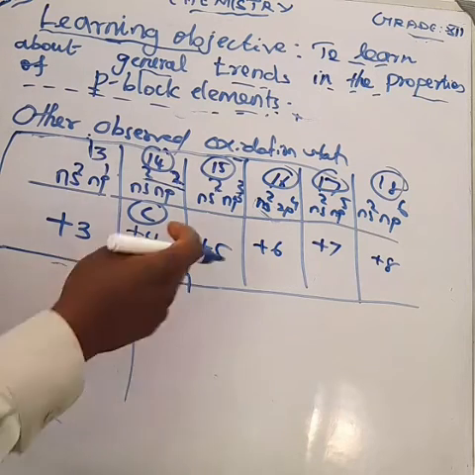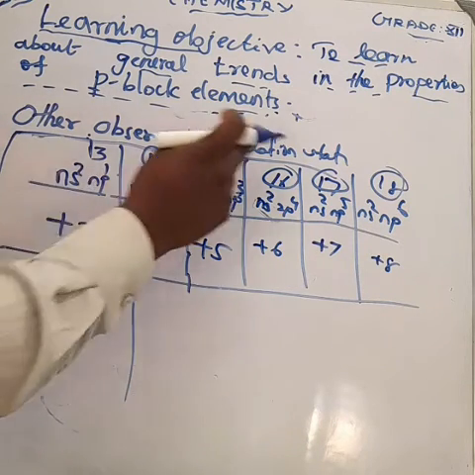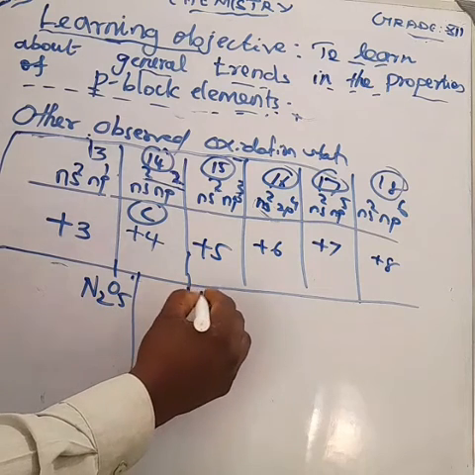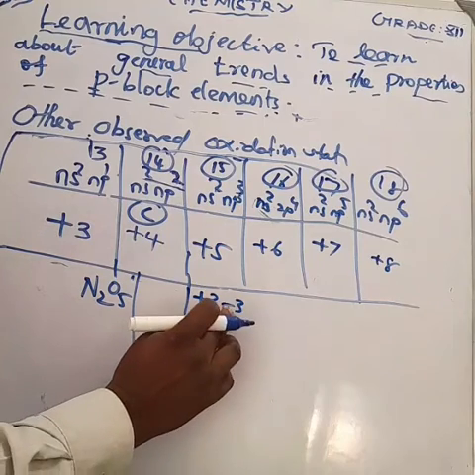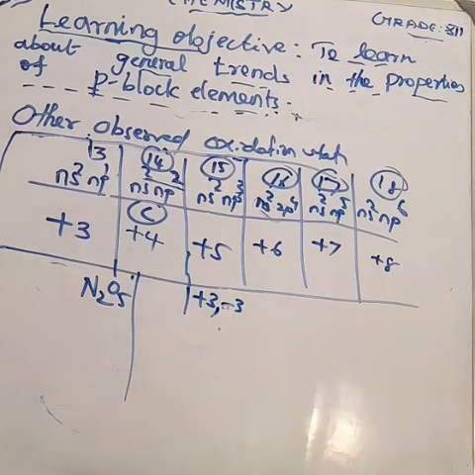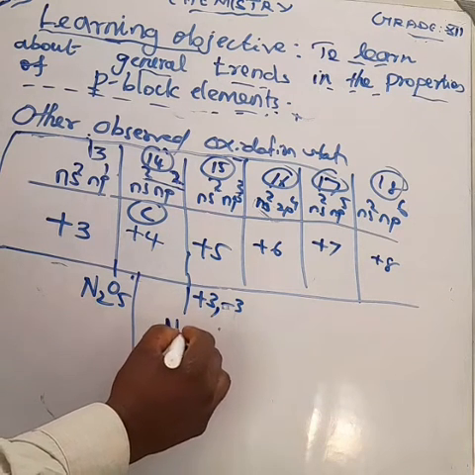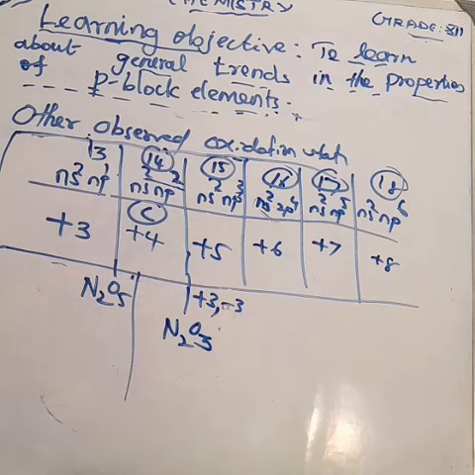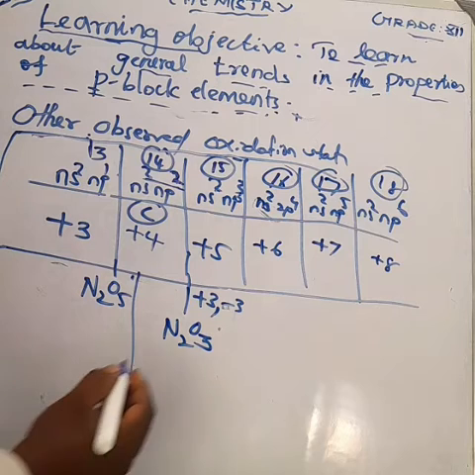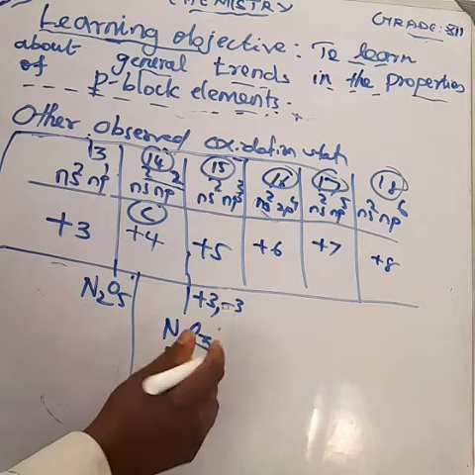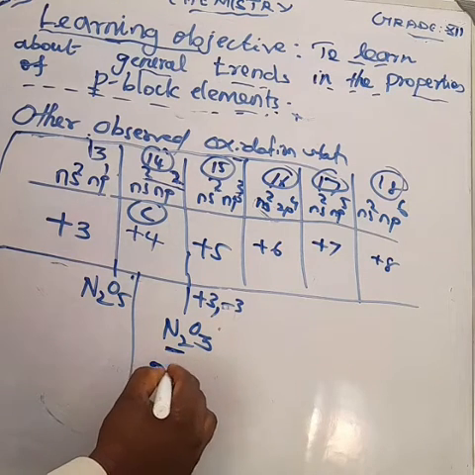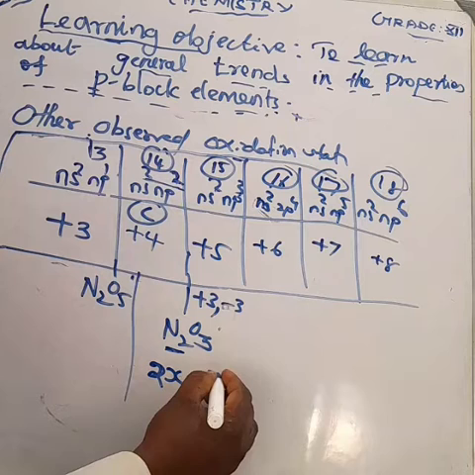Anyhow, what are the observed oxidation states? The observed oxidation states are plus 3 and minus 3. Let us discuss plus 3 and minus 3. Here, for plus 3, I am taking N2O3. I want to find out the nitrogen. So N2 is there, 2X plus, how much oxygen is there? 3.